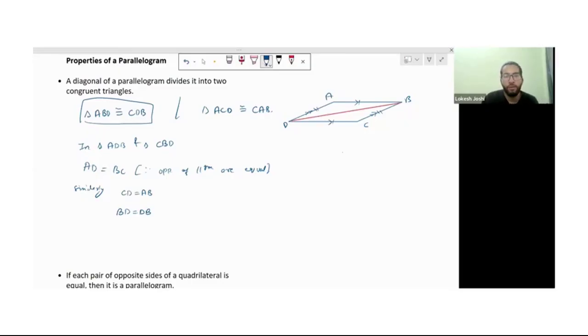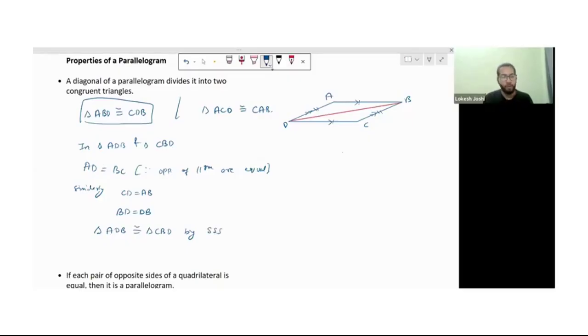Now observe this side is equal to this side, and this side is equal to this side, and the diagonal is common. So can I write triangle ADB is congruent to triangle CBD by the criteria of side, side, side.